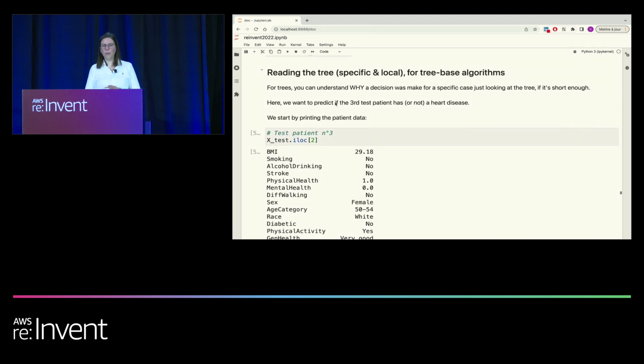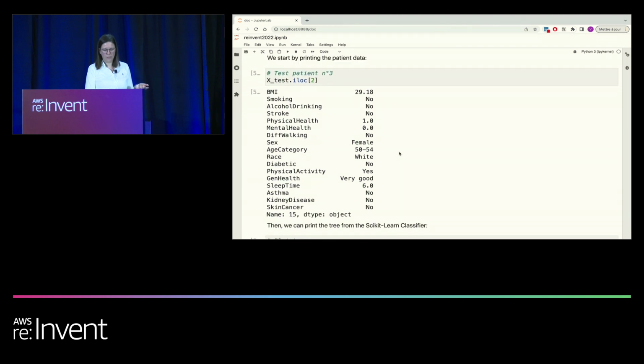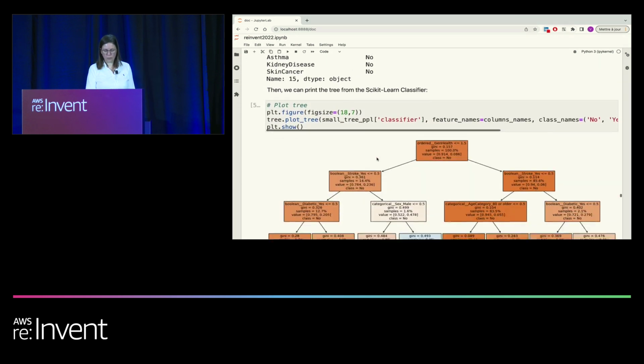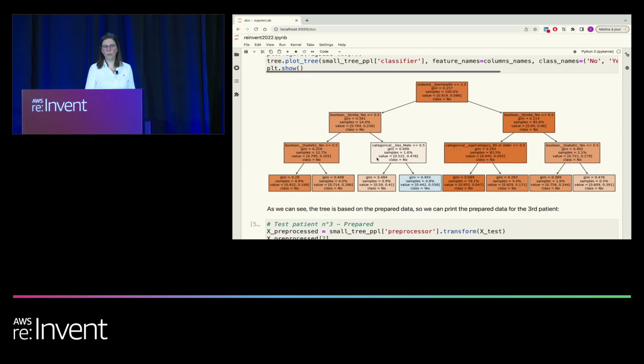You can also do something specific and local this time. It is just reading the tree. If I use patient number 3, which is this one, I can know why I will say it is someone with a high risk or not of heart disease, just by looking at the tree. Of course, I can do that only with the small tree, because the big tree is too big to be printed. Here you can just look at the decision tree.